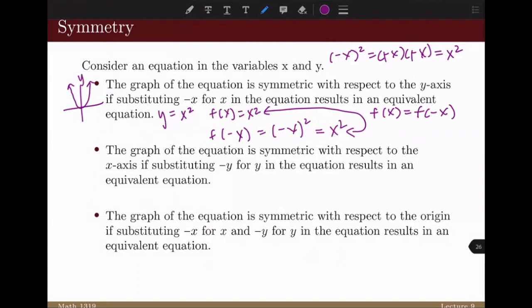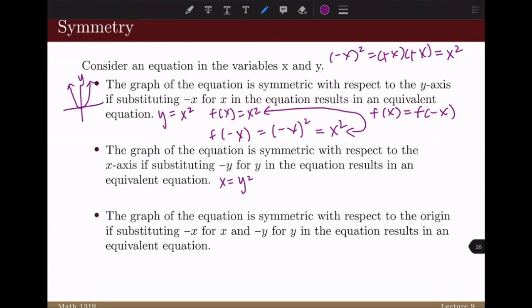Okay, let's keep going. The graph of an equation is symmetric with respect to the x-axis if substituting negative y for y in the equation results in an equivalent equation. So I'm actually going to do an equation that is not technically a function. We're going to do x equals y squared.